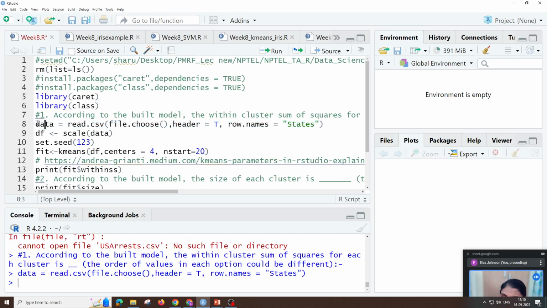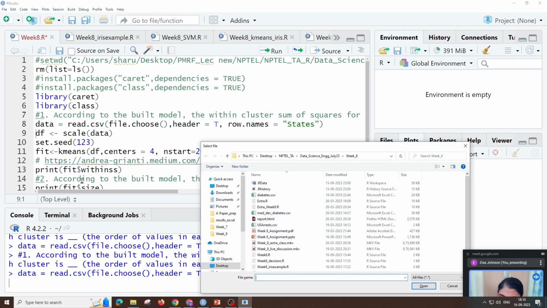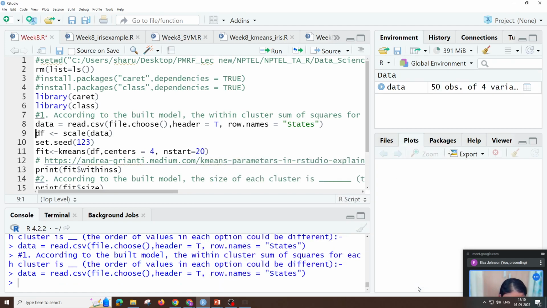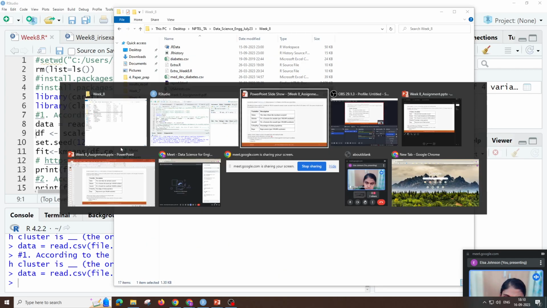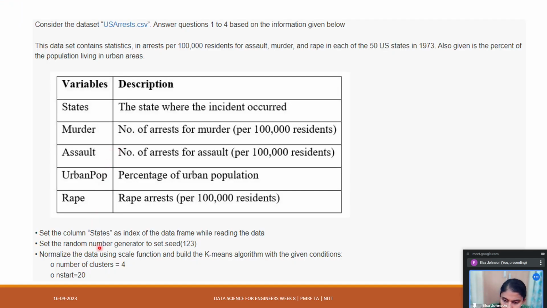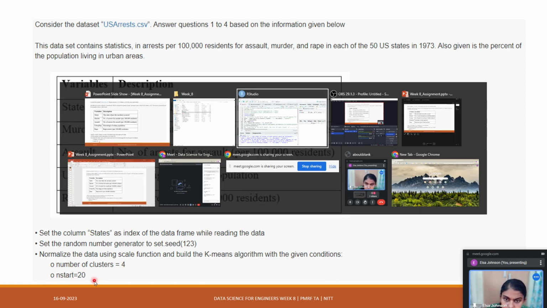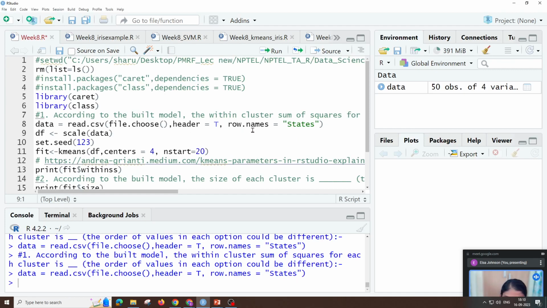So first you have to read the data, and then after that the required thing is the random number. Then normalize the data using scale function and build the k-means algorithm with the given condition, number of clusters equal to 4 and n start equal to 20.